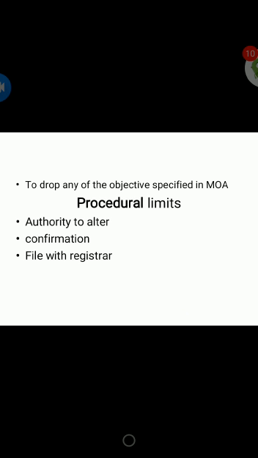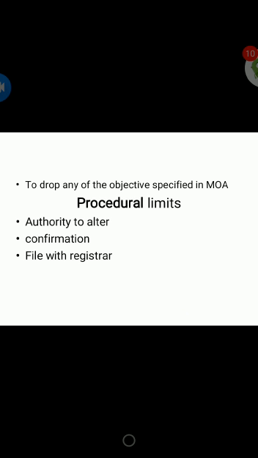The next is the procedural limit. What is this procedural limit? There are some procedures you have to follow in order to get your object changed. The first in the procedural limit is authority to alter.